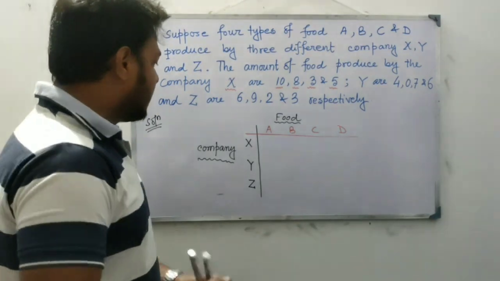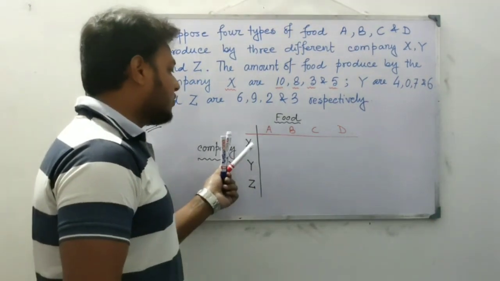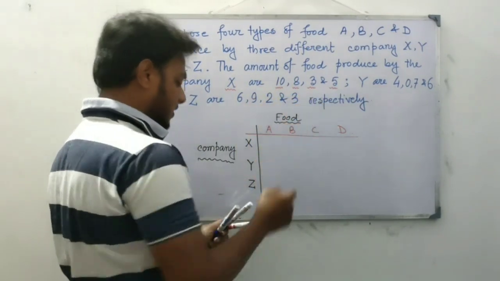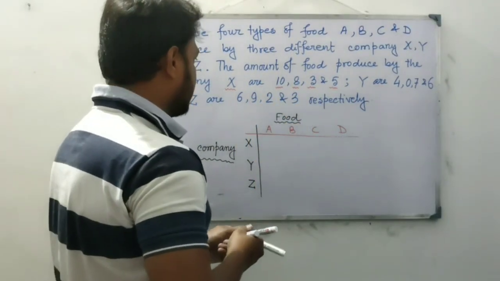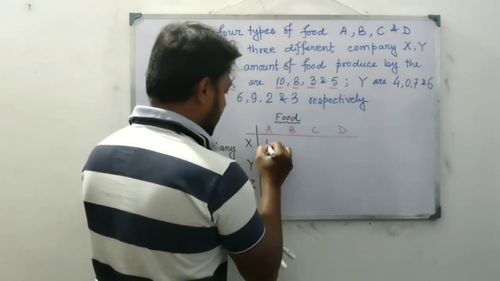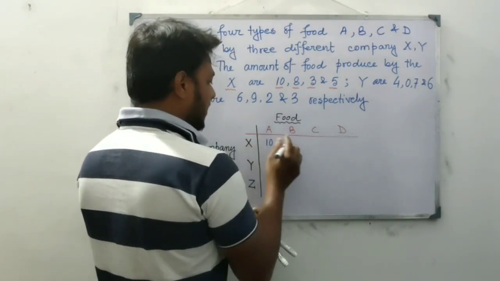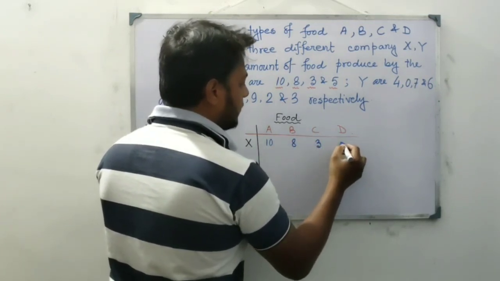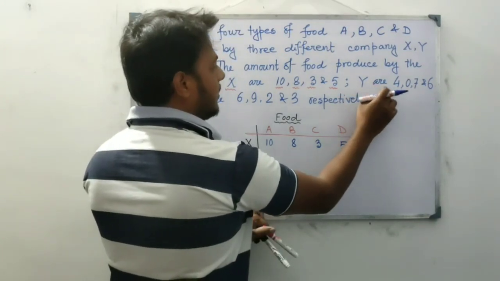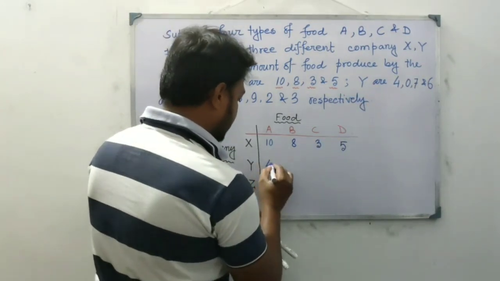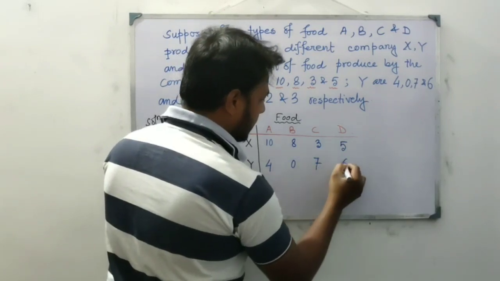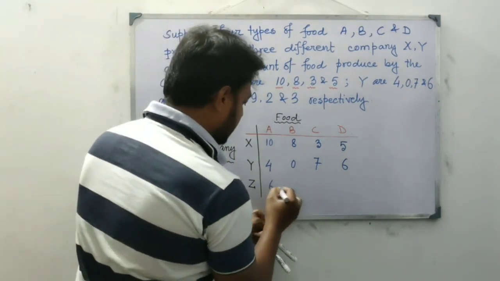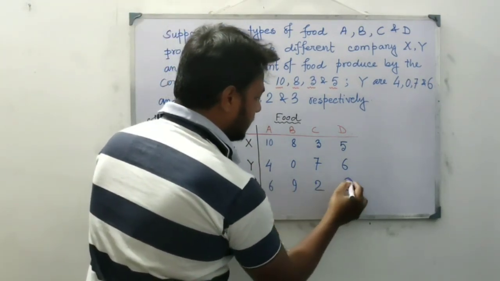If we write the amount of food produced by company X, then X produced 10, 8, 3 and 5 respectively: 10 of food A, 8 of food B, 3 of food C and 5 of food D. Similarly for Y, 4, 0, 7, 6, and for Z, 6, 9, 2, 3.